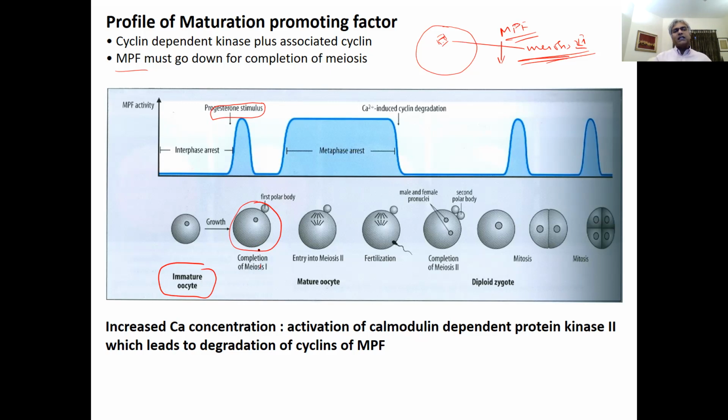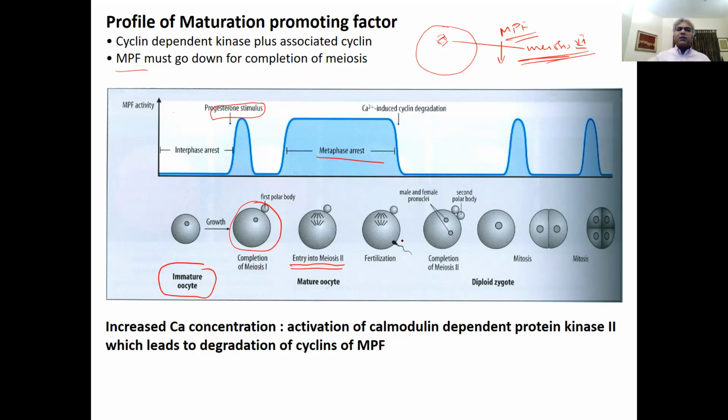Meiosis 1 takes place when the females are within the mother's womb. This completion of meiosis 1 takes place, and then the oocyte is blocked or arrested in metaphase of meiosis 2. So they enter into meiosis 2, but they are arrested in meiosis 2. And this is the stage when we call this a mature oocyte.